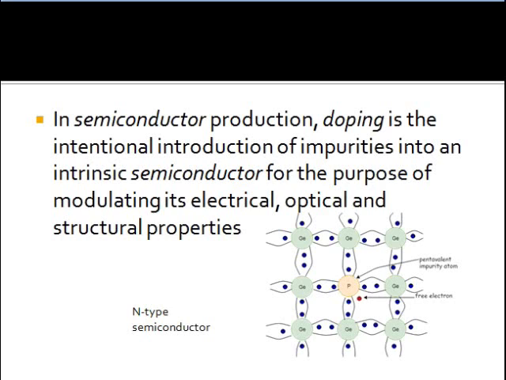It is possible in two ways. The first one is called N-type conductor, the second one is called P-type conductor. In both cases, there will be one charged element, either an electron or a hole, that will carry the electricity.